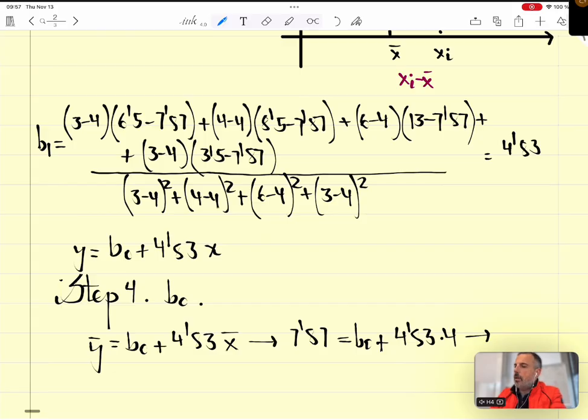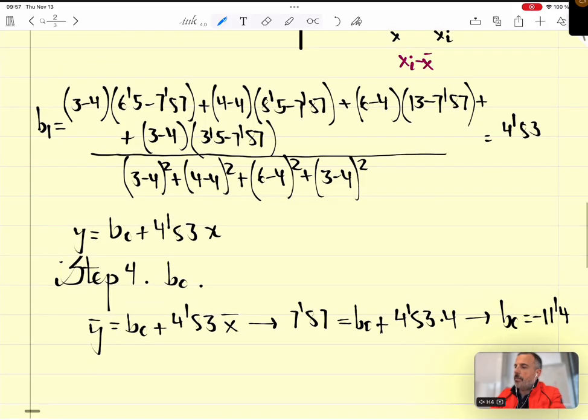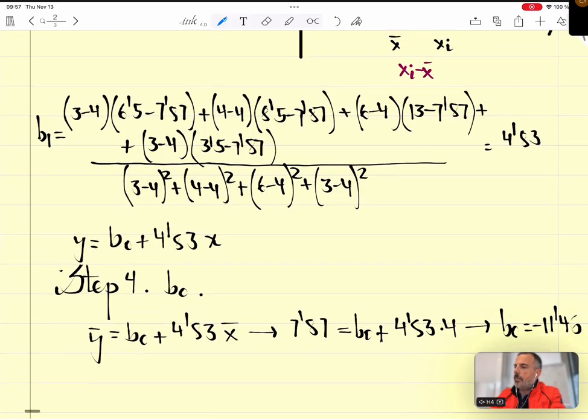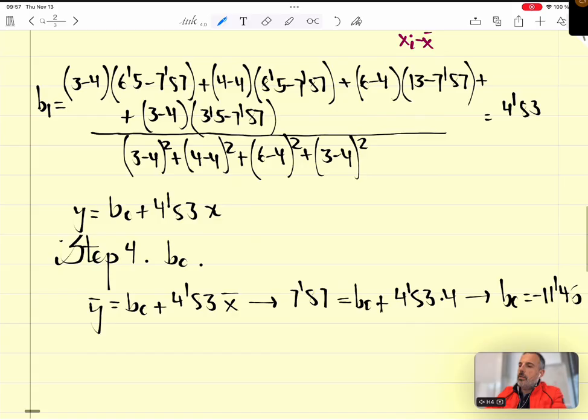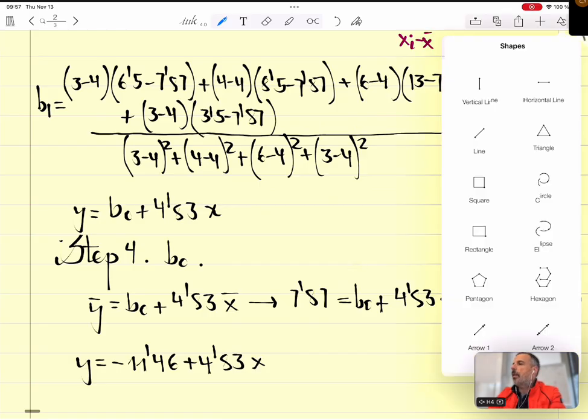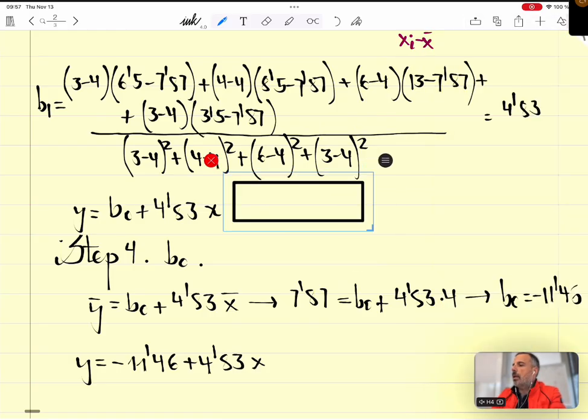Okay, so B0 equals minus 11.46. So the final equation is y equals minus 11.46 plus 4.83x, okay?